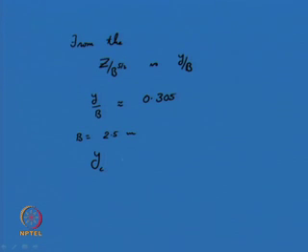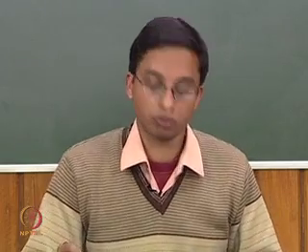Therefore, your critical depth of flow is around 0.755 meters, something like this. Like this also you can determine the depth of flow in a rectangular channel.